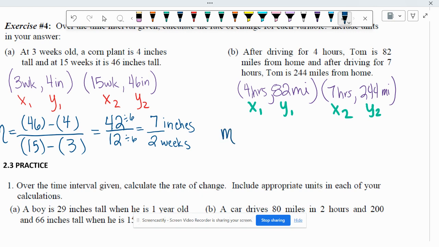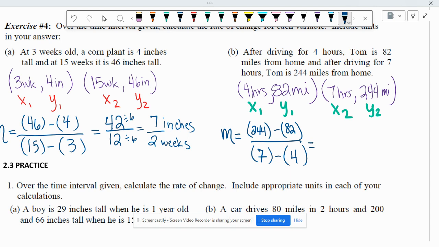So when I calculate my slope or my rate of change, I do parenthesis minus parenthesis over parenthesis minus parenthesis. So Y sub 2 is what value? 244 minus what is Y sub 1? Over what is X sub 2? Minus X sub 1?